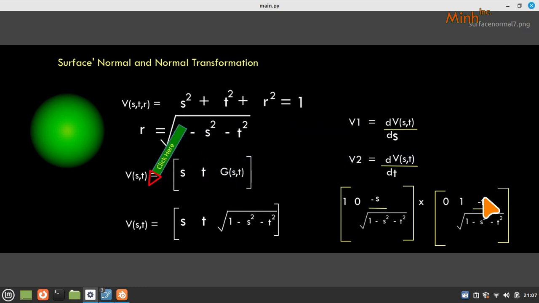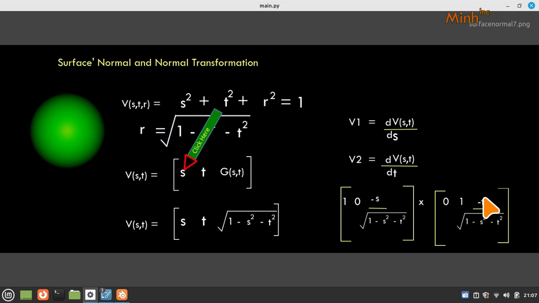Now let's take the example of a sphere. V(s, t, r), but actually it should be V(s, t), with r equal to 1. So this is the equation. If I say r equal to 1 minus s squared minus t squared, in the explicit way we have to specify V(s, t).